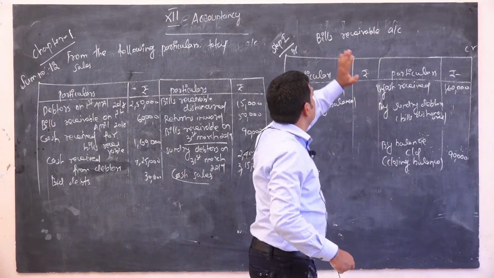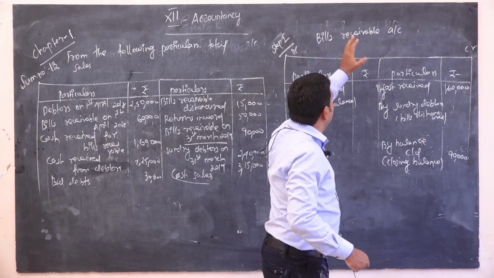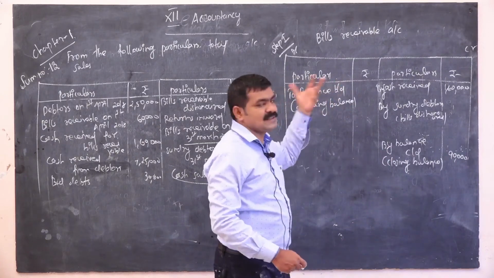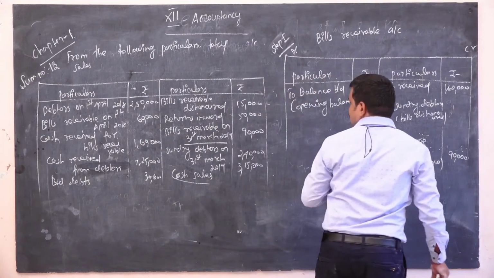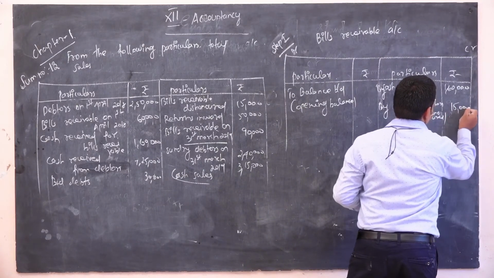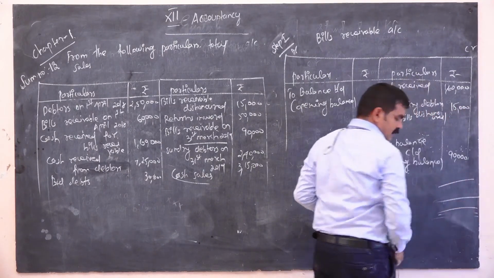In case you are opening total debtors, you have to take the accounting term bills receivable. The amount is 15,000.